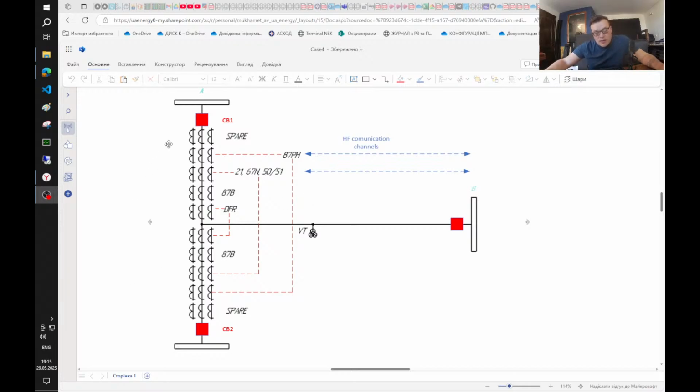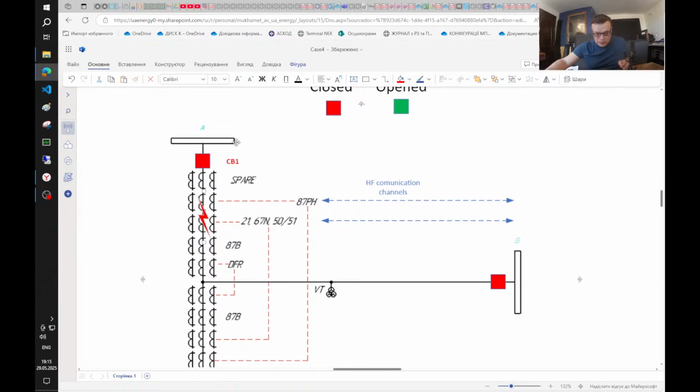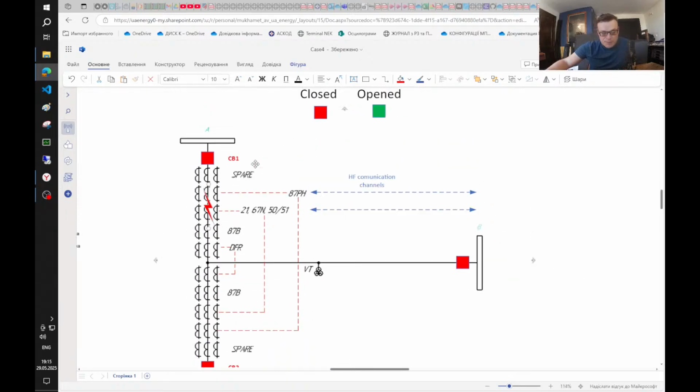So this CT exploded, and I place the short circuit here.